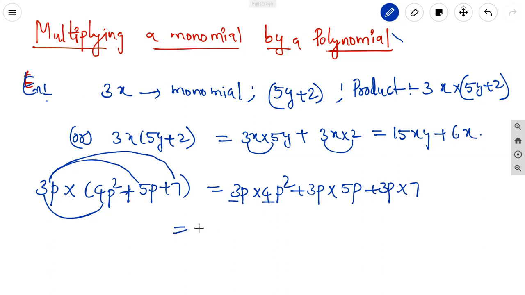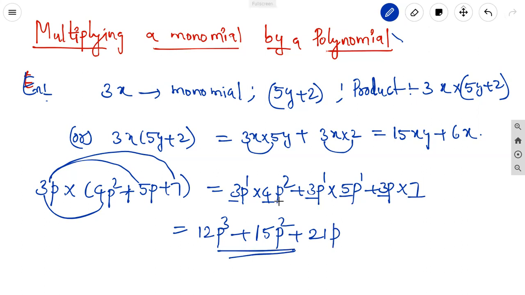Here 3 4s are 12, p power 1, p power 2, that is p power 1 plus 2, 3, that is p cube, plus 3 5s are 15, p power 1, p power 1, p power 2 means p square, plus 3 7s are 21, p. This is the product of the monomial by a polynomial.